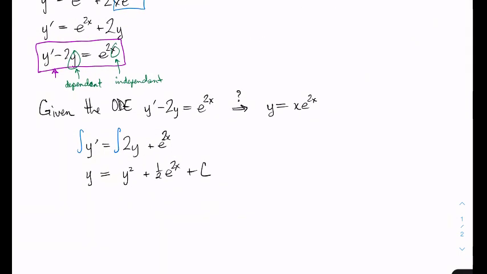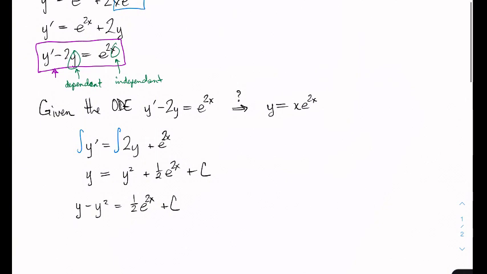And there's a mistake there. Do you see what the mistake is? I'll let you think about it for a moment, but just to show you that it cannot possibly be the case that y minus y squared is 1/2 e to the 2x plus c, as I've written above here, let's take a look. Recall, I actually know what the correct form of y is.